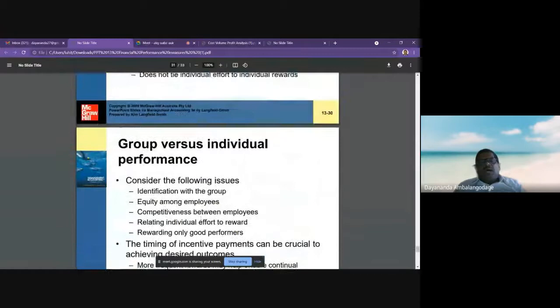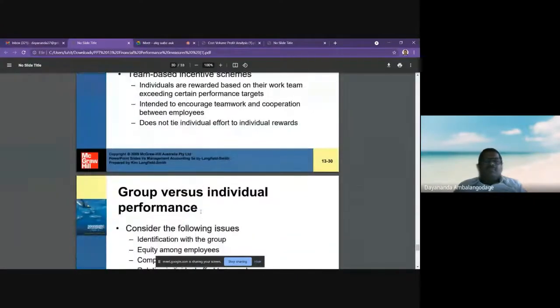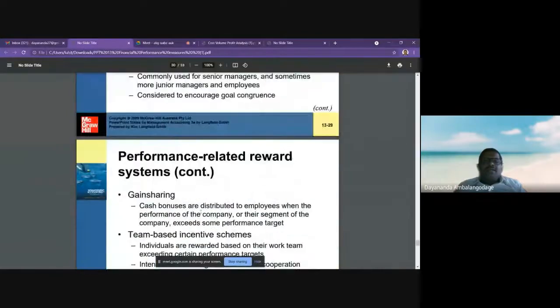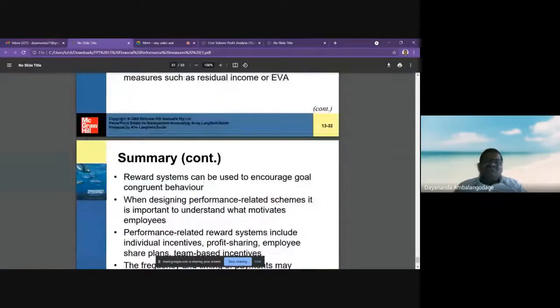So I think that's all about the slides. The summary is there, and of course you can read this summary.